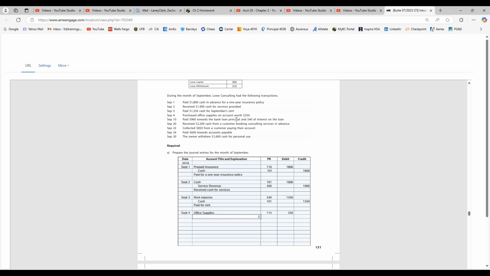Note that we paid it on account. So we didn't pay the cash yet, we bought it on account. So we're going to use accounts payable, which is account number 200. And we'll put in our explanation.